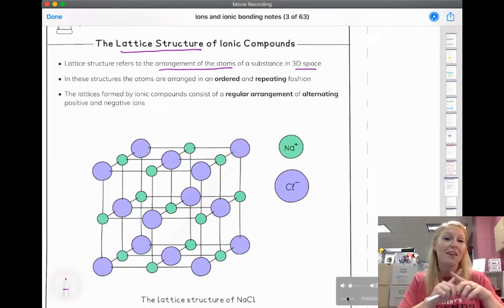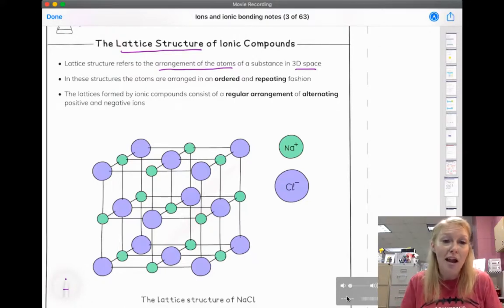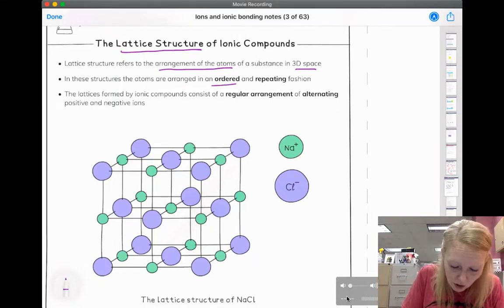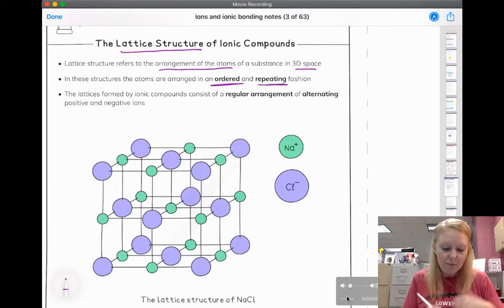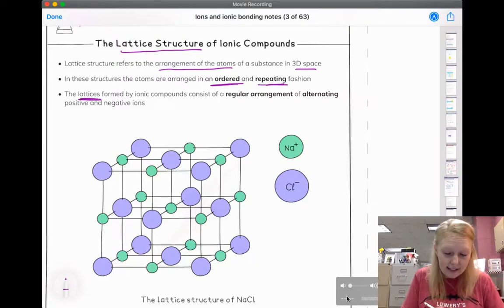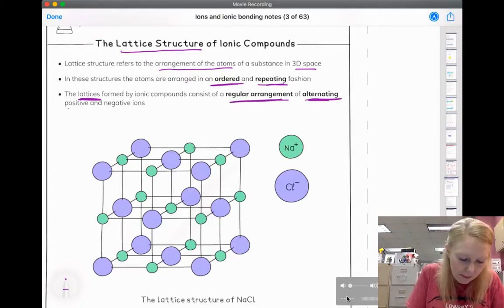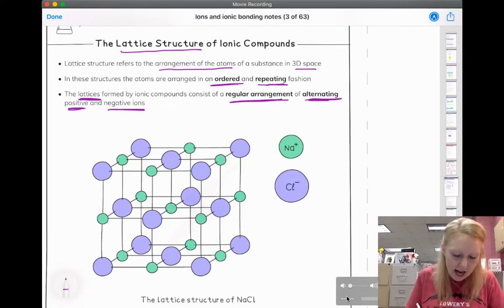But remember, they have to alternate charges. So they're arranged in a very ordered pattern in a repeating fashion. So that's why we call it a lattice. That lattice consists of the regular arrangement of alternating positive and negative ions.